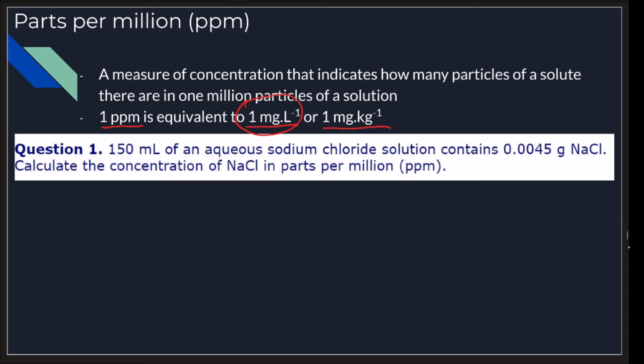So our mass initially is 0.0045 grams, and we'd like to convert that into milligrams. So we're just going to move our decimal place over 3 spaces.